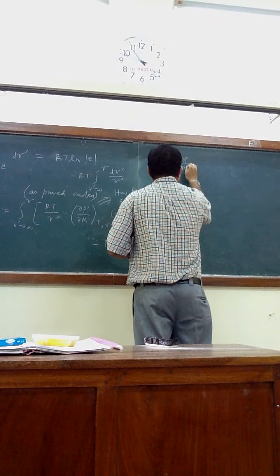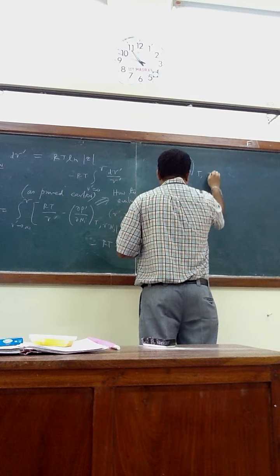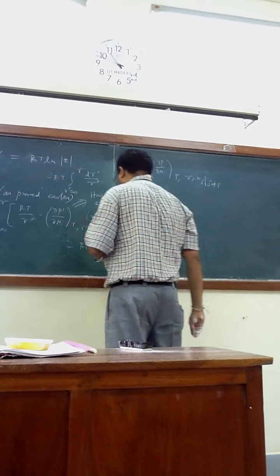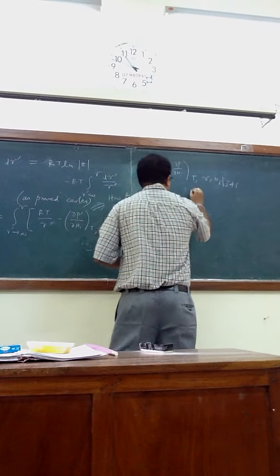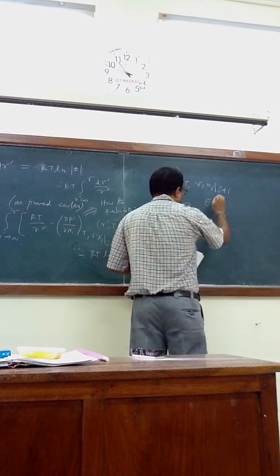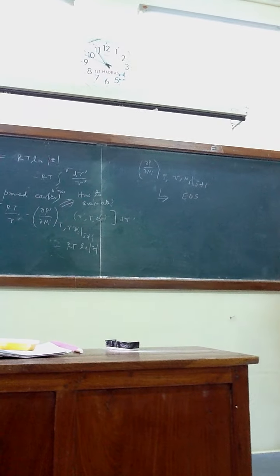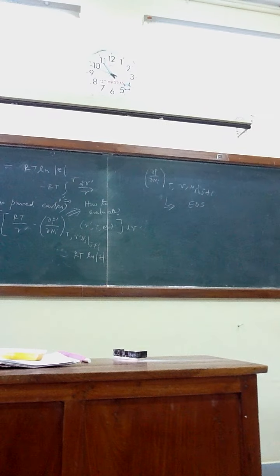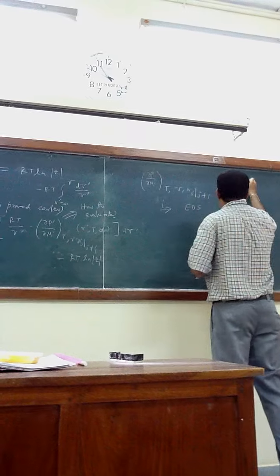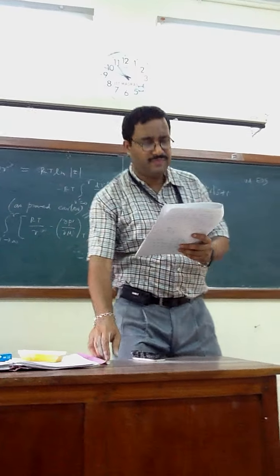Dou P dou Ni at T, V, Nj, j not equal to i will be obtained by the equation of state. Let's look at the Van der Waals equation of state.